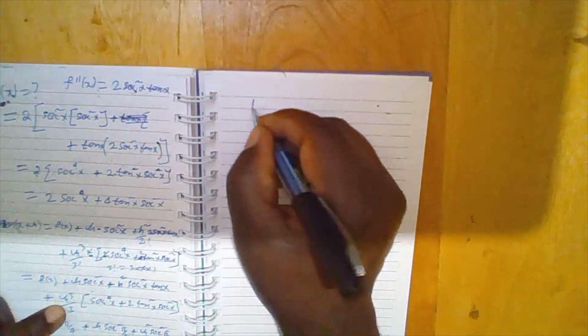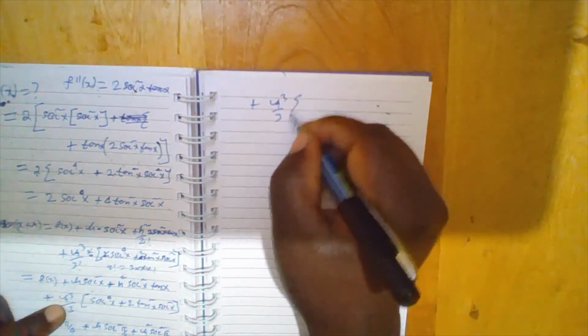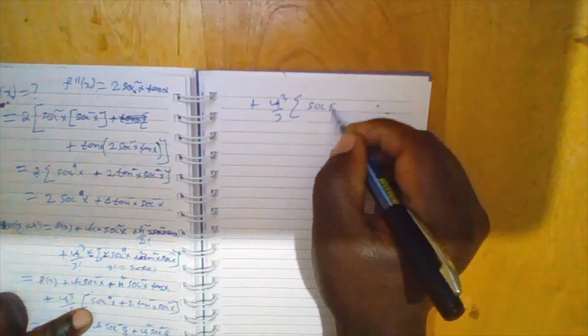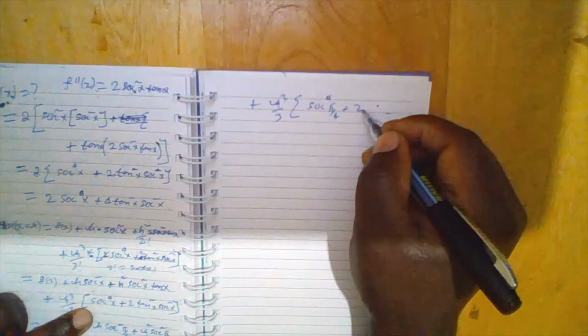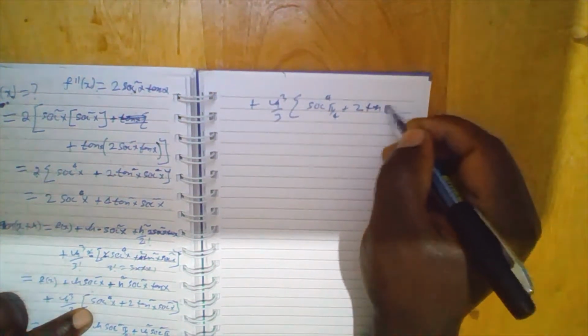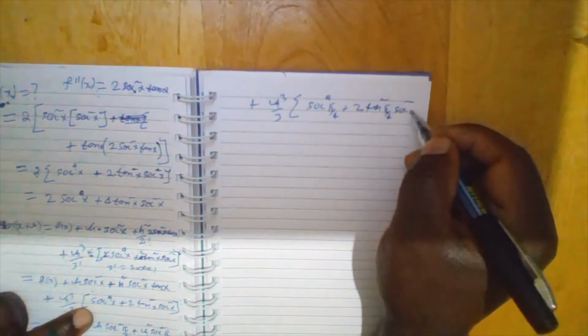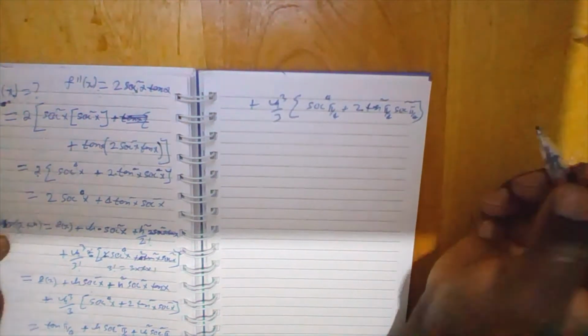then plus h cubed all over 3 into sec pi over 4 raised to 4 plus 2 tan pi over 4 squared sec pi over 4 squared.